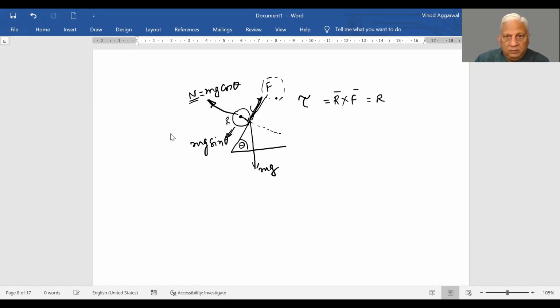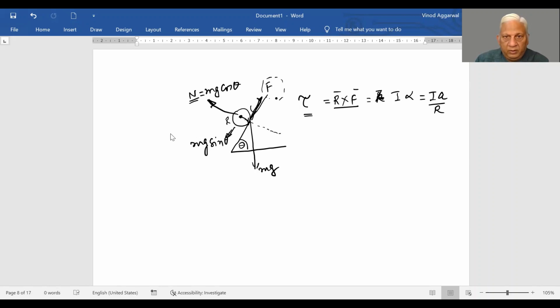It is also equal to, we know you can define torque in two fashions. One is this and another is I alpha. I alpha is nothing but I times A by R. Okay.